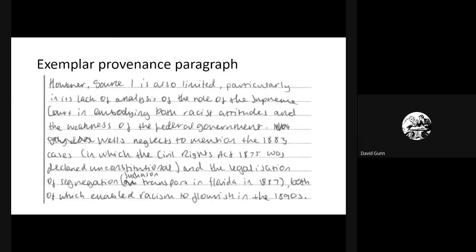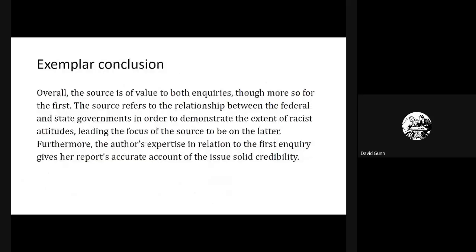So this one is doing it very well, it's explaining what the source leaves out. So the limitations of the source in terms of what it's leaving out. That's particularly useful, and it uses good own knowledge there.